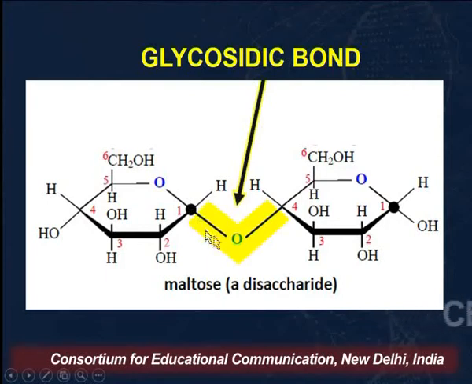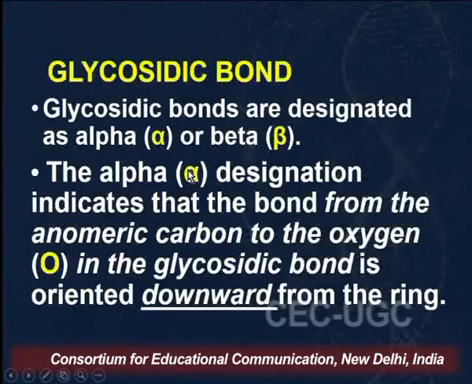That is, the bond is between the C1 of the first monosaccharide and the C4 of the second monosaccharide residue, and this C-O-C bond is known as the glycosidic bond.